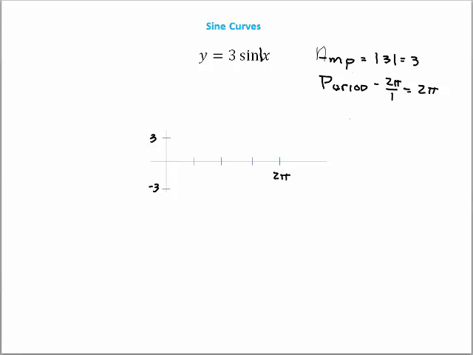But we want to go a little bit further. We want to find out what this midpoint is, what this quarter point is, and what this 3/4 point is. So let's do that. If we take 2 pi and we multiply that by 1/4, remember we want 1/4 of the distance, 1/4 of the total wave.